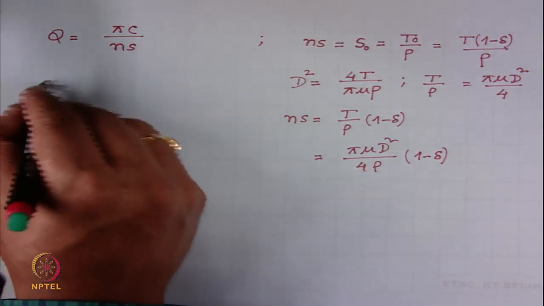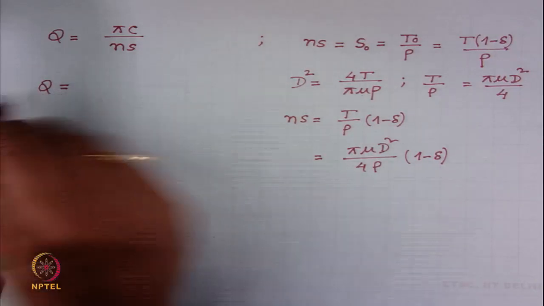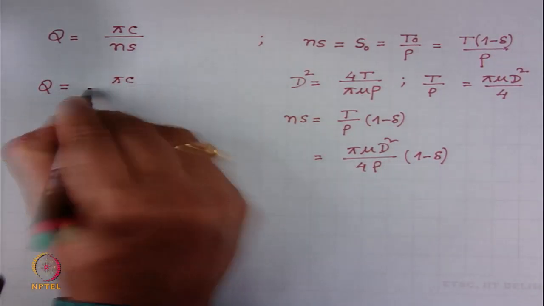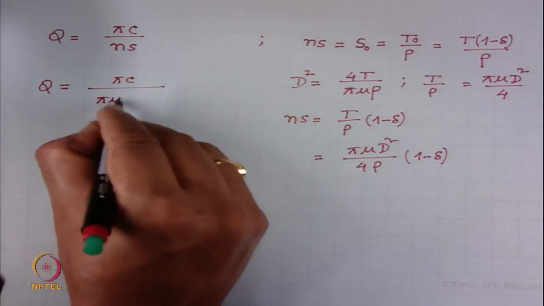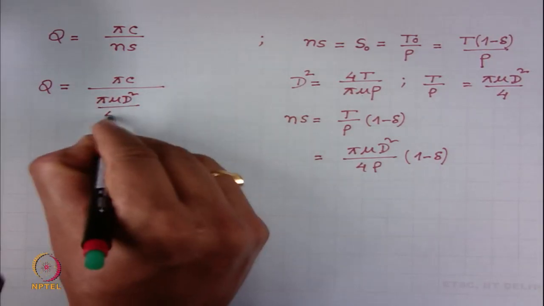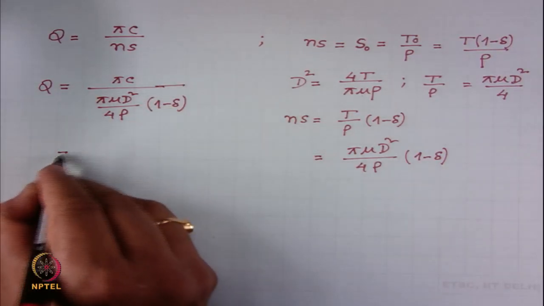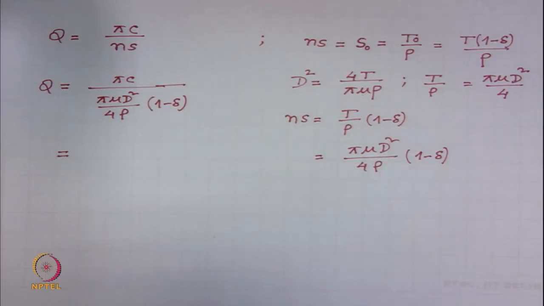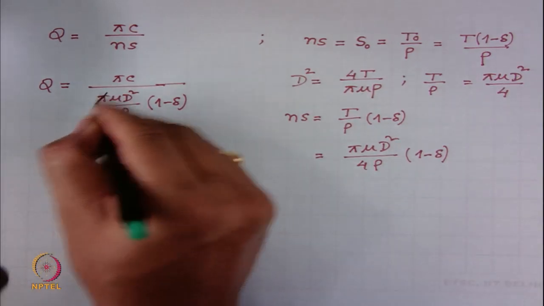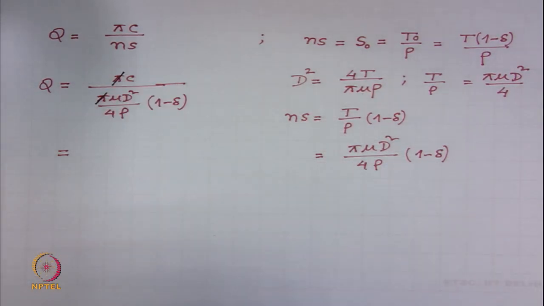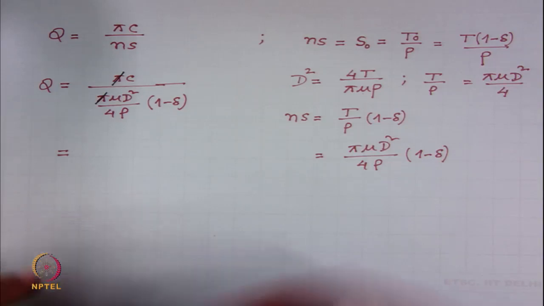Then if we come back here in Q, so pi times small c, pi mu D square by 4 into rho 1 minus retraction. What we see is that this pi and pi will cancel out. So, sorry, this rho will not be here.